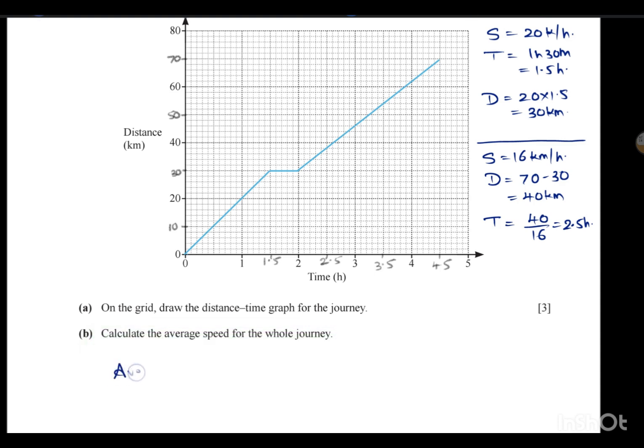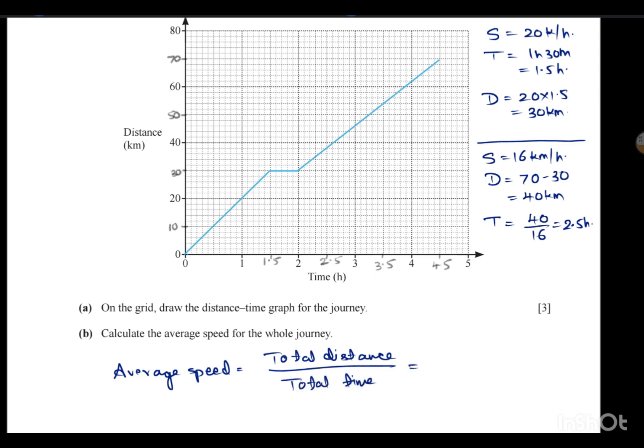So average speed is equal to total distance traveled by total time taken. Let me write the formula first. Total distance by total time taken.